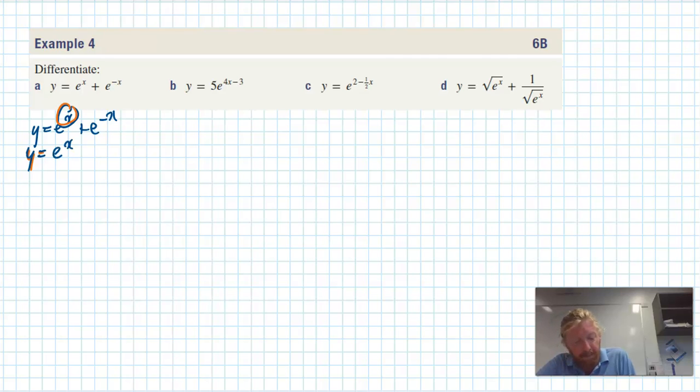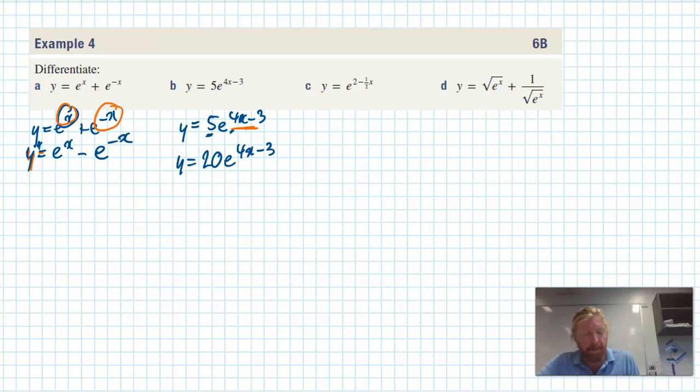The derivative of minus x is minus 1, so that comes out as minus e to the minus x. That guy stays the same. That's y dash. Next, y equals 5e to the 4x minus 3. The derivative of this is 4, so dy dx equals 5 times 4, which is 20e to the 4x minus 3.